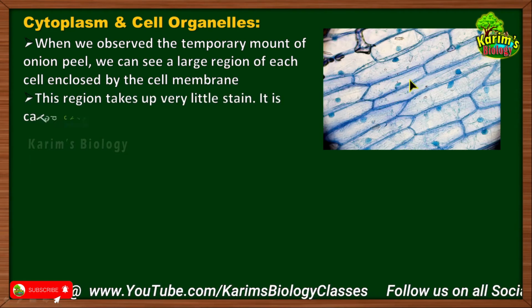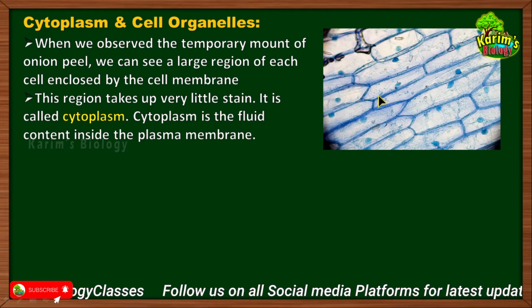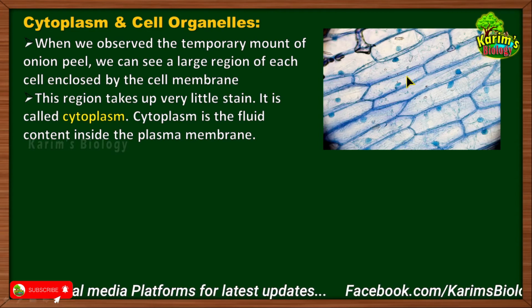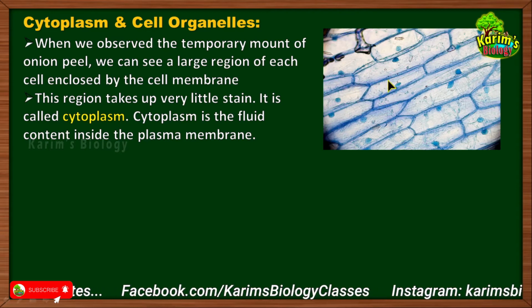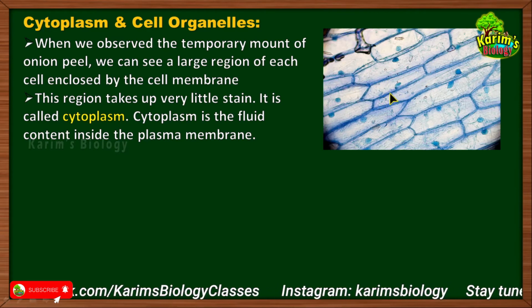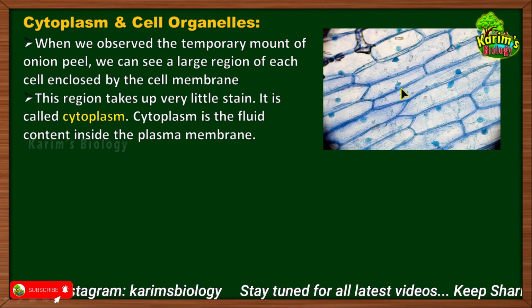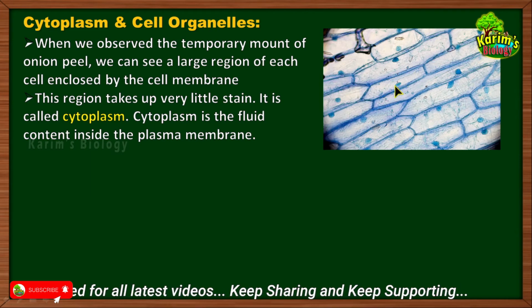Okay, it is not well stained, but it is enclosed by the cell membrane and cell wall. It is not clearly seen because it has not taken stain, or it has taken very little stain. Whereas the cell wall is clearly visible because it has taken much of the stain, so it is appearing in violet color easily. So this is the fluid filled content inside the cell.